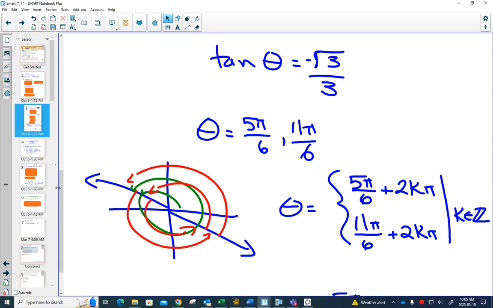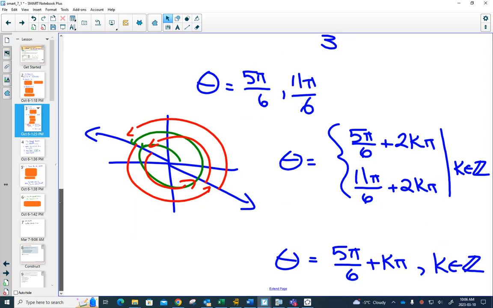And I drew a diagram of both 5 pi over 6 and 11 pi over 6 here. This only works with tan, but can you see that in between these two answers is halfway around? So another way that we could have written this answer, though most of the time we're going to write it the first way: our strategy for the general solution will be to find your answers between 0 and 2 pi, which we did, and then add 2k pi to write every single coterminal one for each of them, and you'll have your general solution.